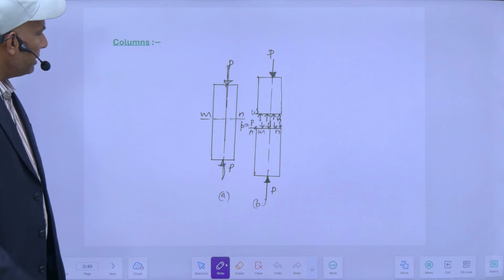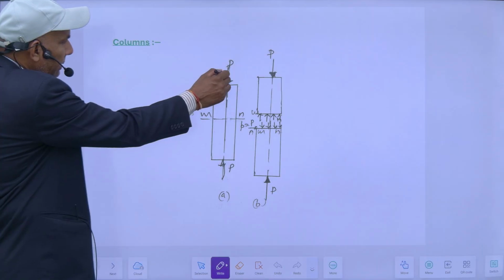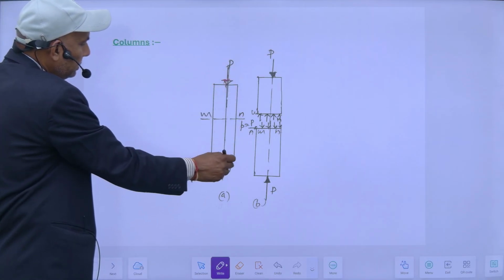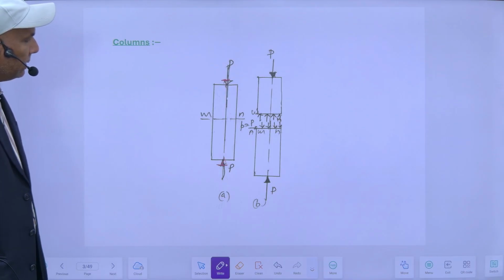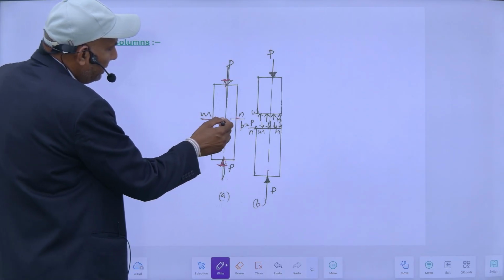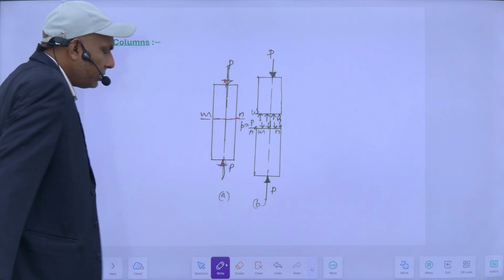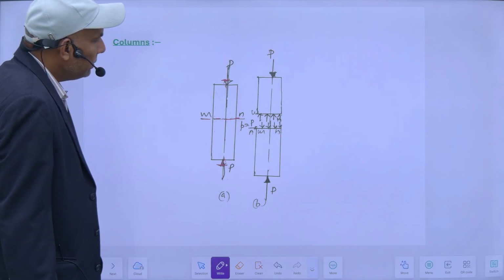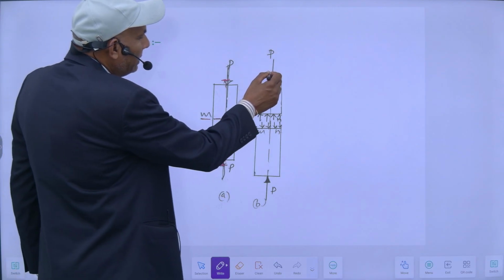So this is my column. What happens when I apply a load at both the ends? There will be compressive stresses. Suppose I take a section Mn, and I cut this section in two parts. What will be my stress distribution? My stress distribution will be like this.